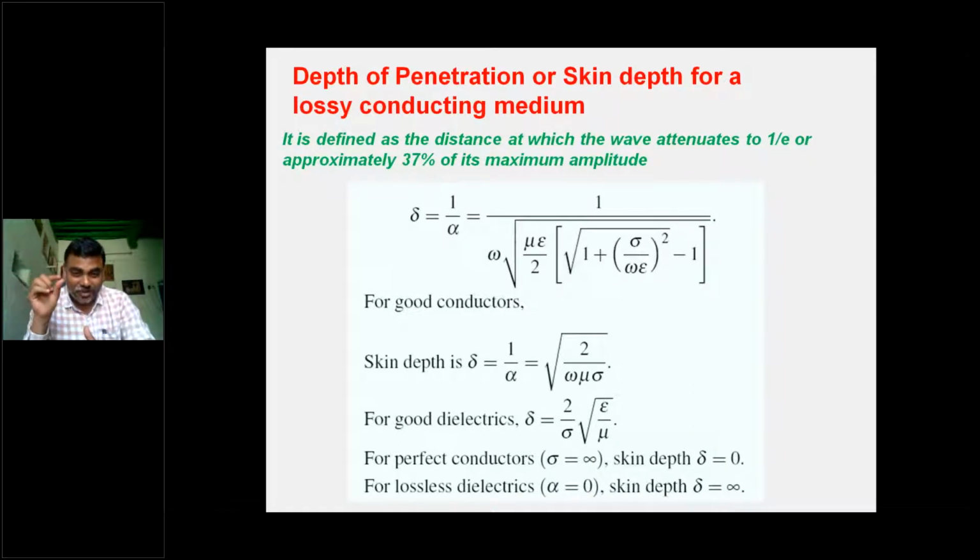Whereas for perfect conductors, it goes to 0 immediately. That means the skin depth is 0, and the amplitude decreases instantaneously. Simply you can say the EM wave cannot penetrate through a good conducting medium. The EM wave will travel to infinite distance in free space.